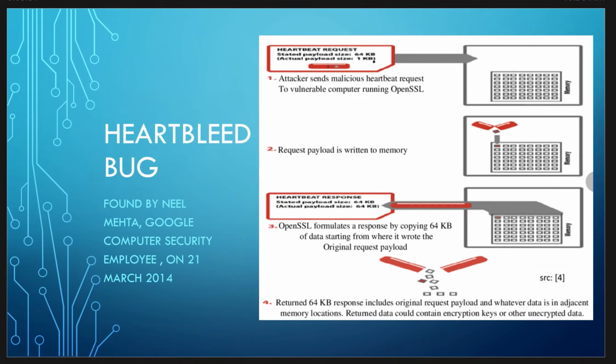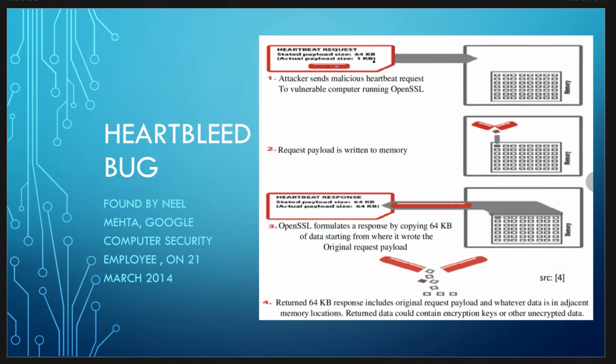The heartbleed bug was found by Neel Mehta. As you can see here, the way the bug works is that the attacker sends a malicious heartbeat request to a vulnerable computer running OpenSSL.